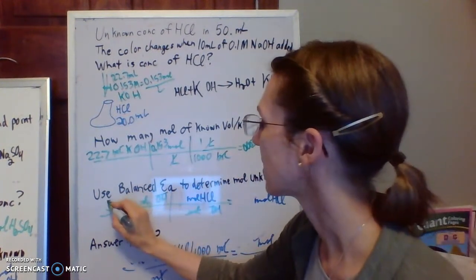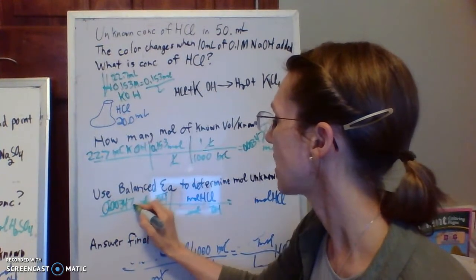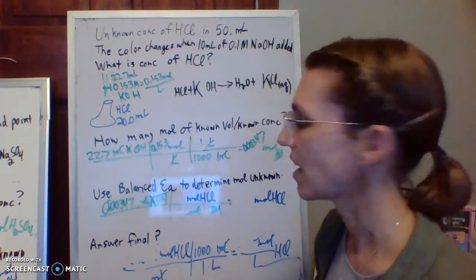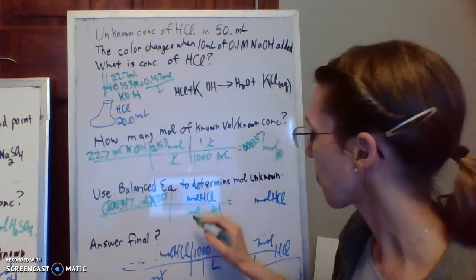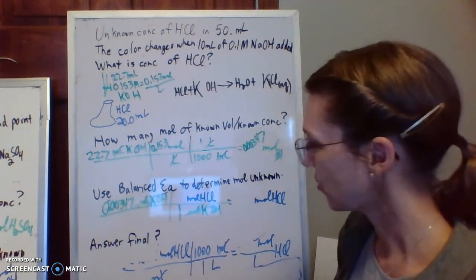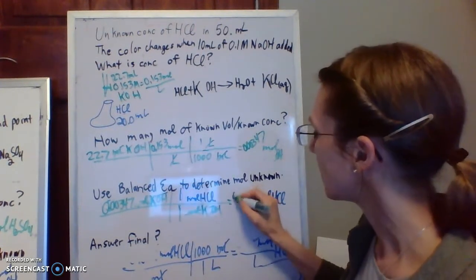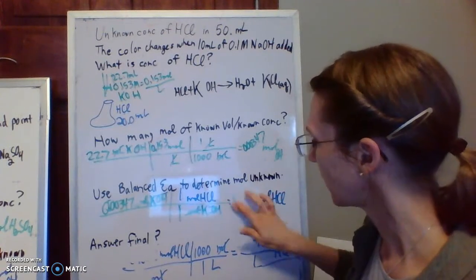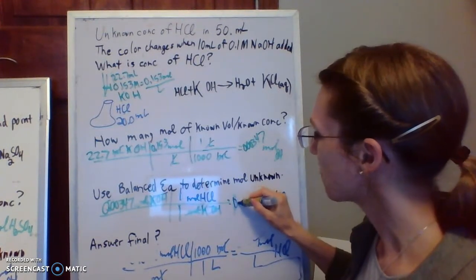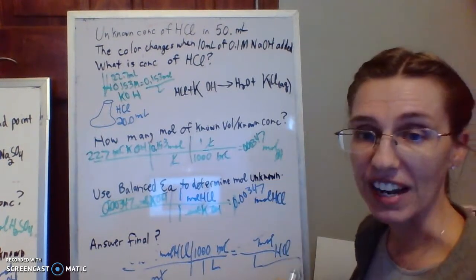That's the number that comes down here, 0.00347 moles of KOH this time. Our ratio is still 1 to 1, so we end up with 0.00347 moles of our HCl.